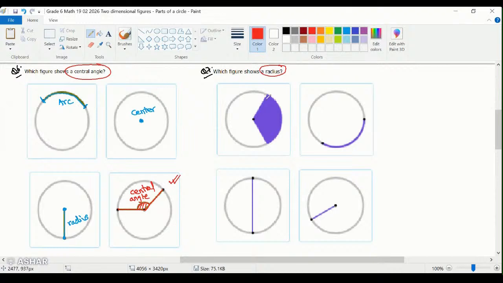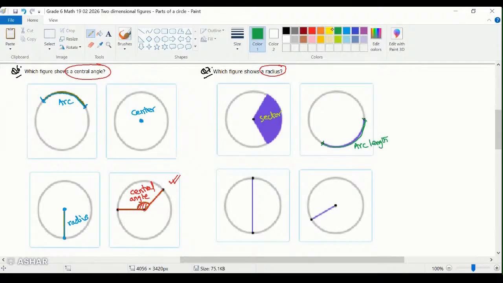A slice is always known as a sector. Agreed? The part of the outer ring of the circle is always known as arc or arc length.